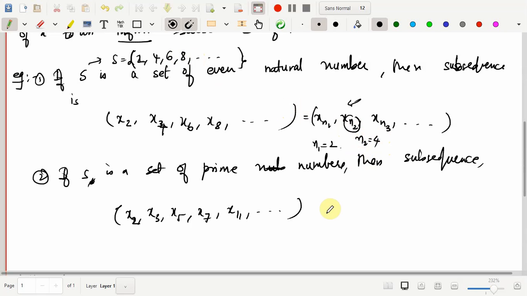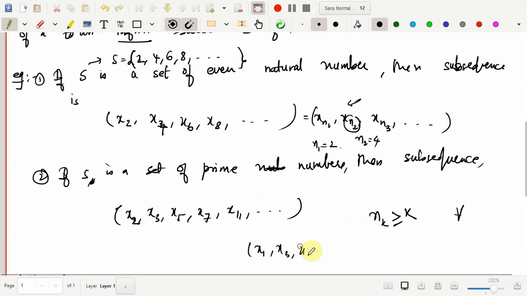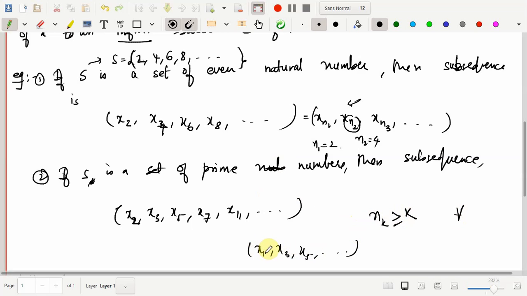So in general, you can relate nk to k, and if you look at both examples, you will see that nk is always greater than or equal to k. It can be equal to k if I start the subsequence from x1. In this case, you just compare nk with k, or n1 with 1: n1 will also be equal to 1.